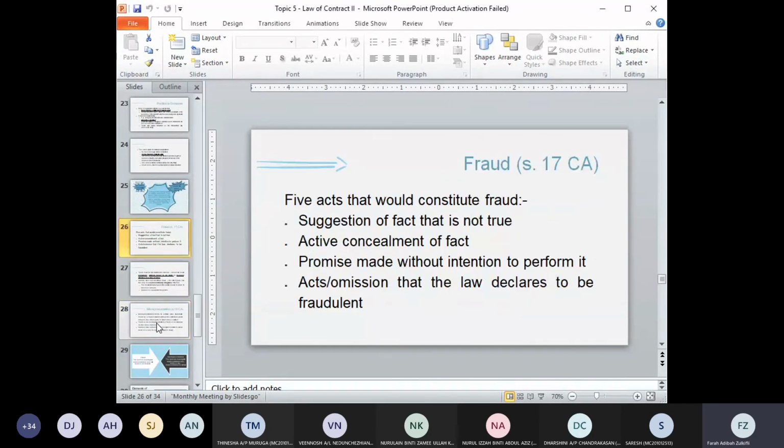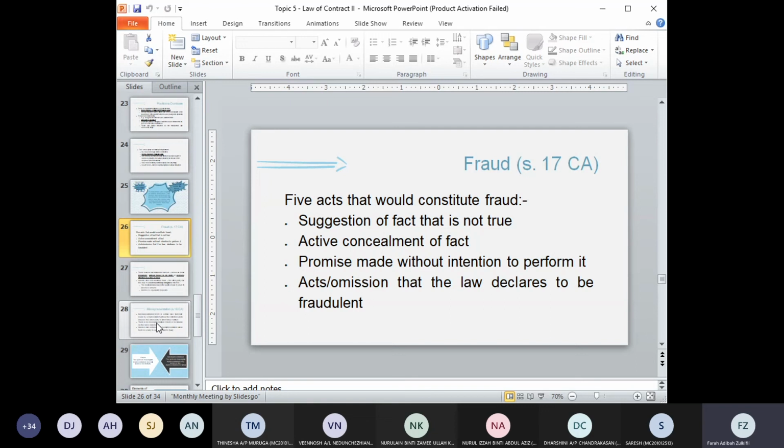So if you look at section 17 of the Contracts Act 1950, and you look at the illustration, illustration A states that A sells by auction to B a horse which A knows to be unsound. So A sells a horse to B, but A knows that the horse is unsound. There is some problem with the horse, but A says nothing about the horse's unsoundness.